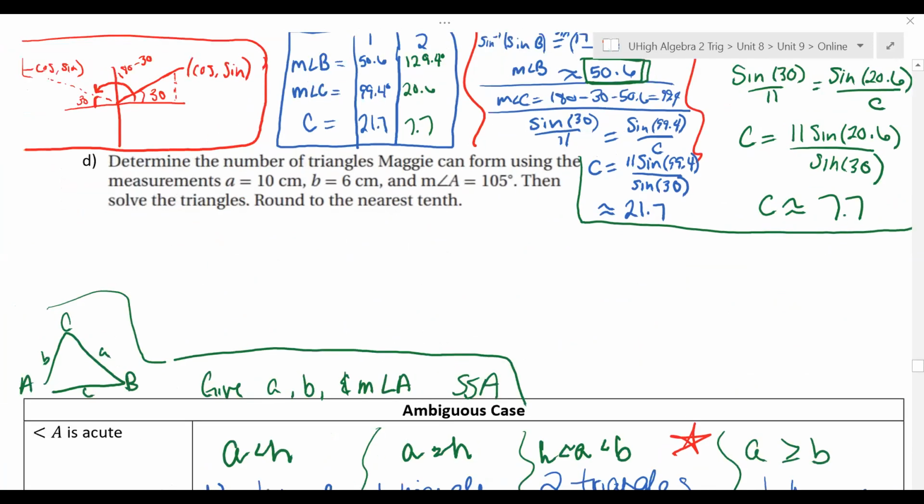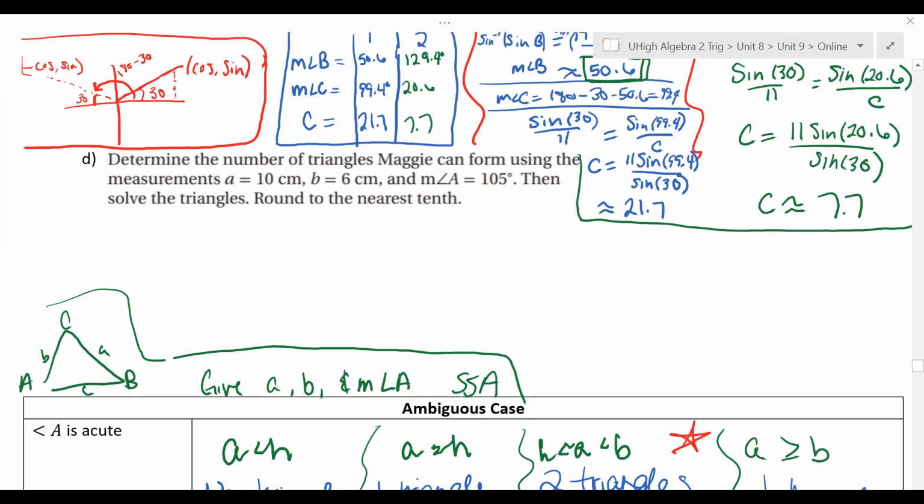Determine the number of triangles Maggie can form using the measurements a equals 10, b equals 6, and the measure of angle A is 105. So I have my A, B, and C. Let's compare a to b and to h. a is 10, b is 6, so a is greater than b.